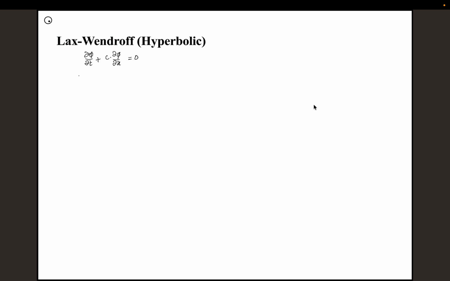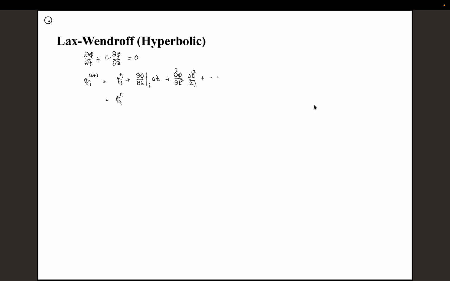We started from the Taylor series expansion, and we said phi n plus 1 is phi n plus del phi del t times delta t, plus del square phi del t square times delta t square by 2 factorial, and so on.